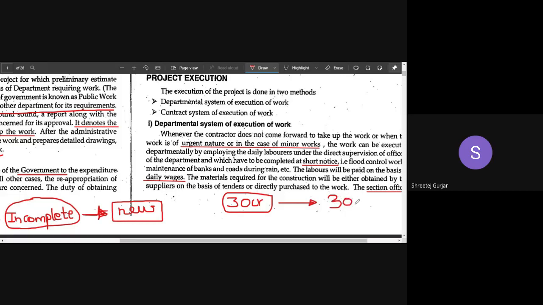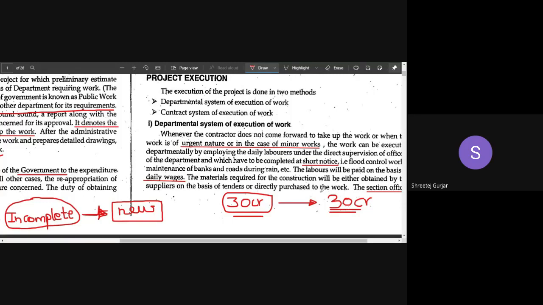The allotment is 30 crores, but the expenditure has crossed 30 crores and it is still incomplete. So it needs more funds.